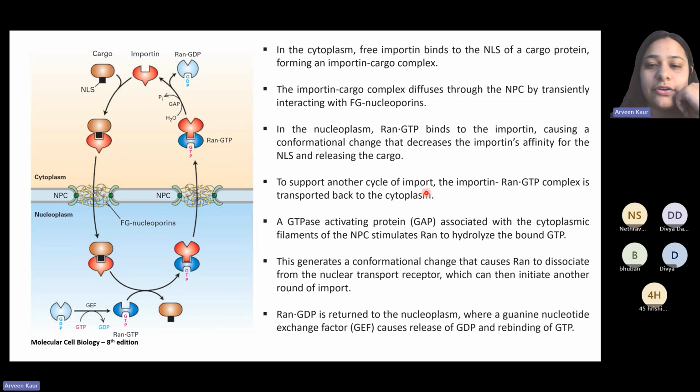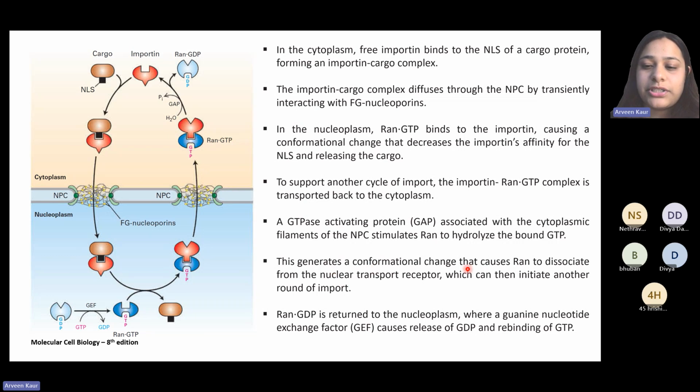To support another cycle of import, the importin RAN GTP complex is transported back into the cytoplasm, as we saw, and a GTPase activating protein, or a GAP, associated with the cytoplasmic filaments of the nuclear pore complex stimulates RAN to hydrolyze the bound GTP, right? If this hydrolysis of the bound GTP occurs, it is also going to drive another cycle of import, because it is going to produce some kind of energy, right?